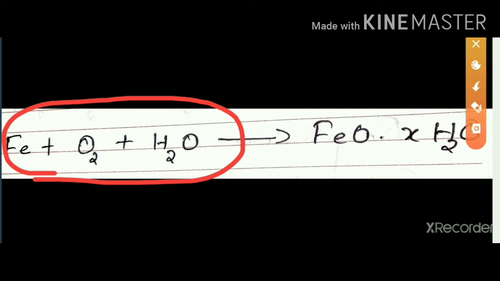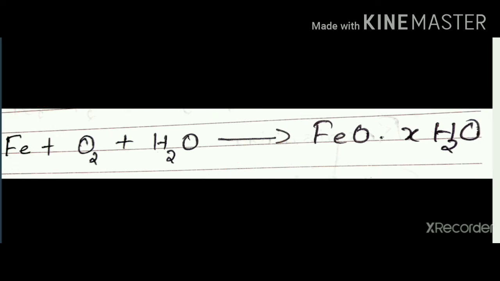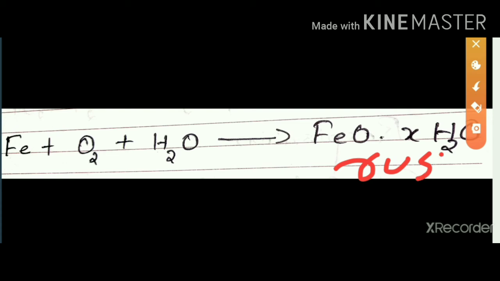The word hydrated means water contained. Here you can see in this equation H2O, which means hydrated. Fe2O3 is ferric oxide. This is known as rust.